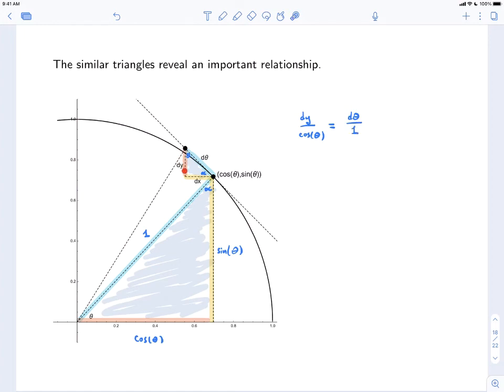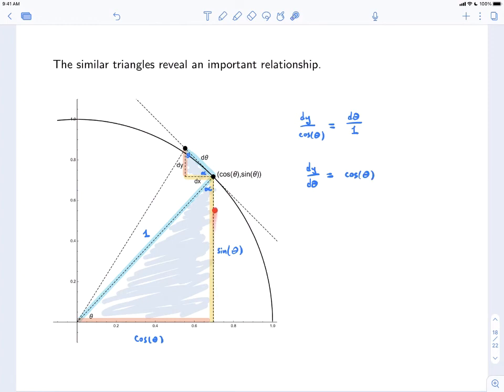So dy to cosine theta is in the same ratio as d theta is to 1. Okay, if we rewrite this slightly, if we take this cosine theta and put it up here, and then divide by d theta, we have that dy over d theta is equal to cosine theta over 1, or just cosine theta.